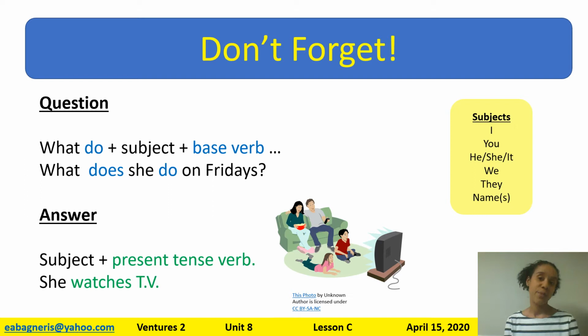And in this example, I don't just add an S. Watches is a special verb where I have to add ES. So sometimes we add S, sometimes we have to add ES. So here, she watches TV.